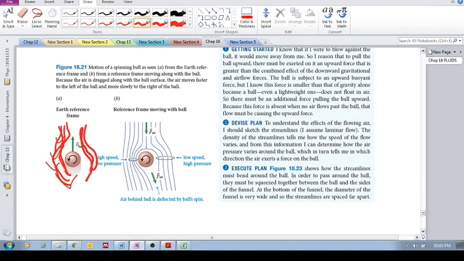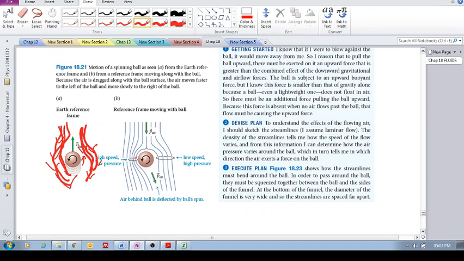And you can imagine this spin is slowing this air down, because those are the vectors, the direction of the air. This spin is in that direction, slowing this air down and speeding this air up.